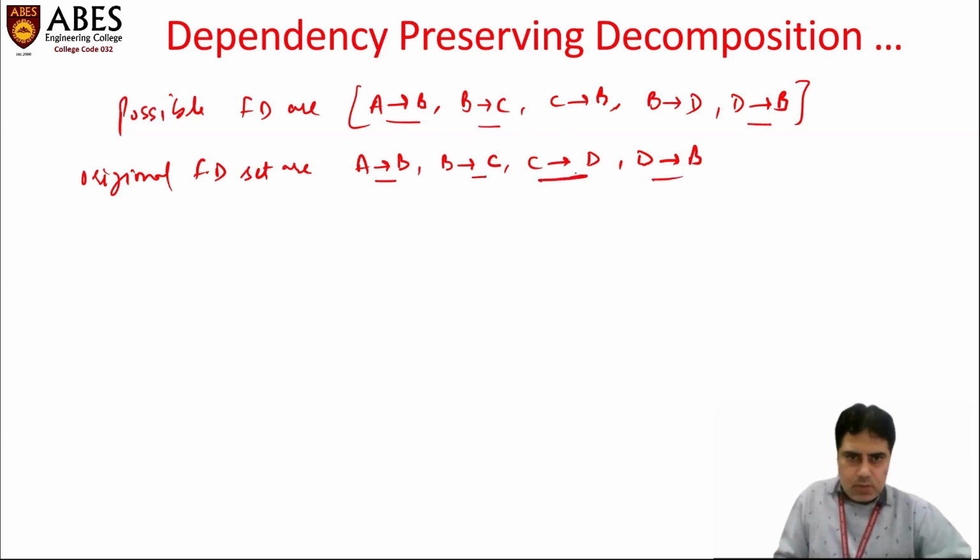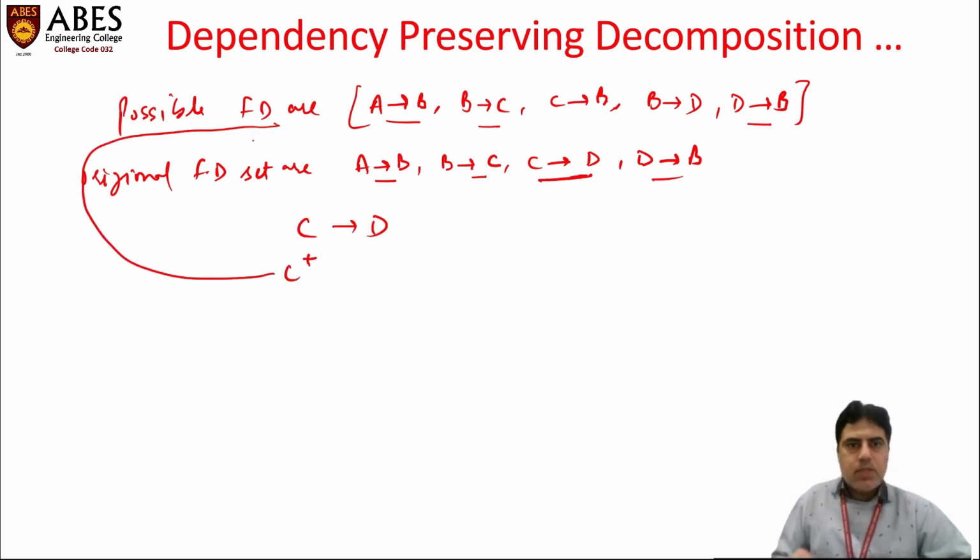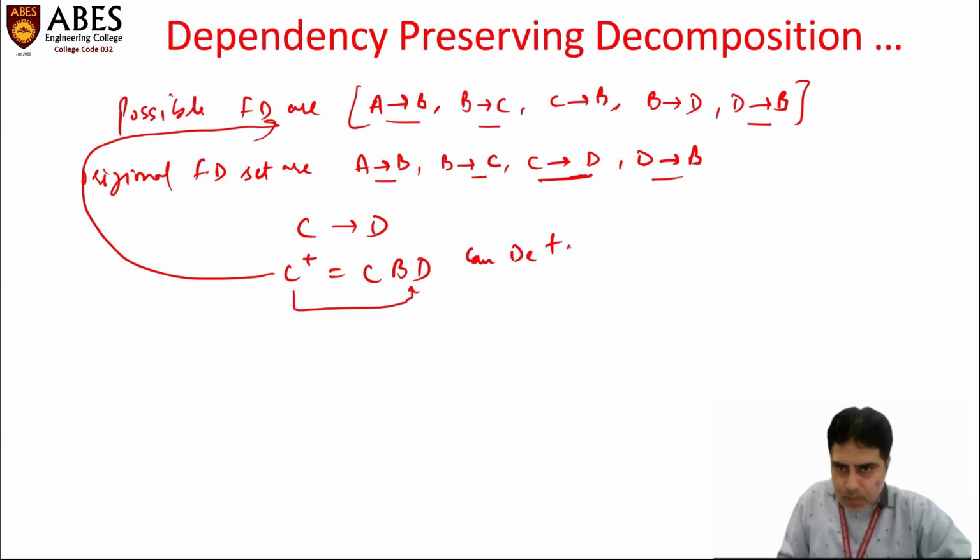Now check for this. Now take the attribute closure of original functional dependencies from the possible functional dependencies. So we can determine C, C to B, B to D. So here C to D we can determine. So it can hold.